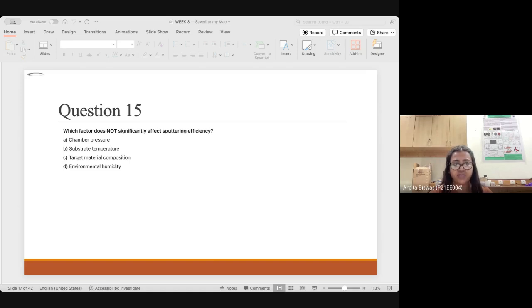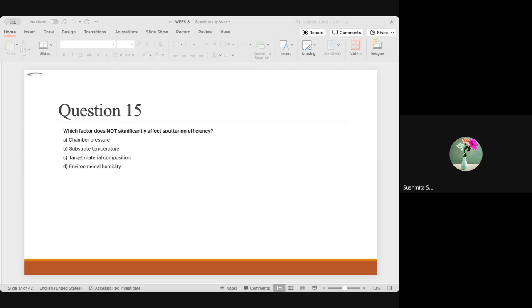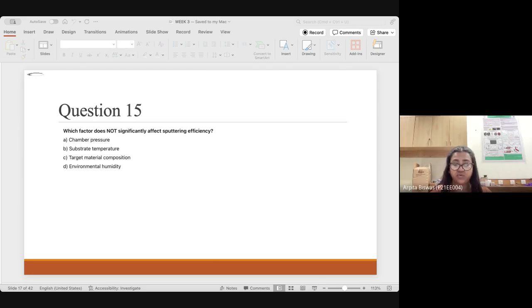And last is environmental humidity. The sputtering is happening in a closed chamber, so is environmental humidity affecting it or not? In a closed chamber, the deposition is happening in a controlled environment, so environmental humidity is not going to affect the sputtering efficiency. So the right option is option D.